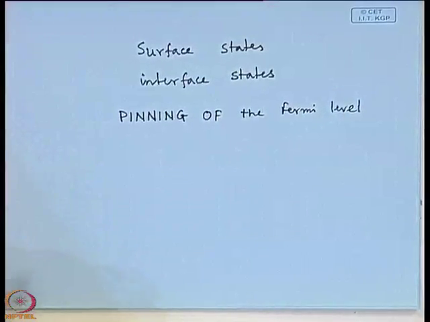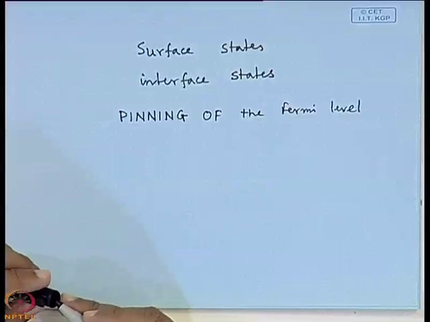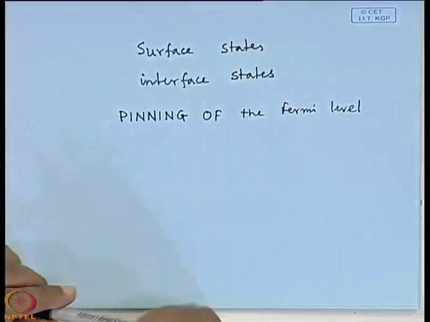Because of the pinning of the Fermi level, whatever metal you use for gallium arsenide, the barrier height is not improved as per your choice. That is not possible. The barrier height is almost constant. It is not because of the metal, it is because of the surface states in the gallium arsenide. That is a peculiar situation for gallium arsenide.